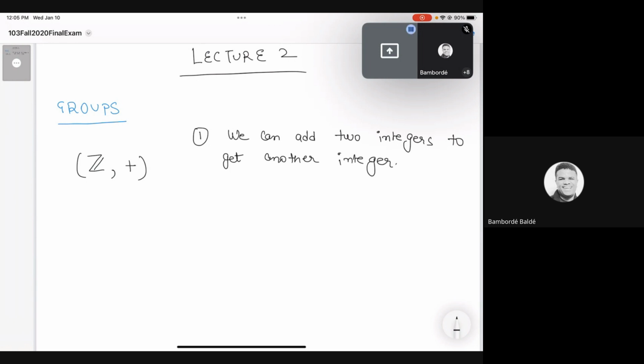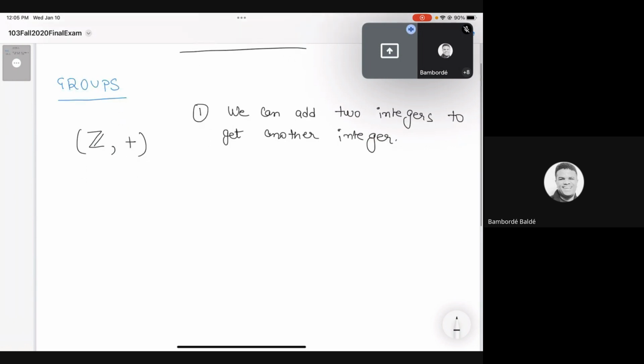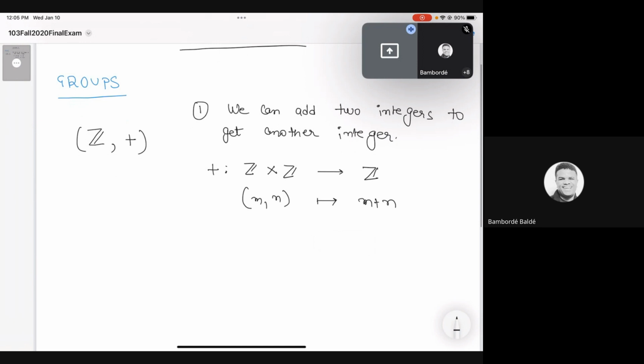To write it down mathematically, you take two integers, so Z cross Z, and you get another integer via this map of addition. If I give you m comma n, you get m plus n. So this map is defined from two integers to another integer.